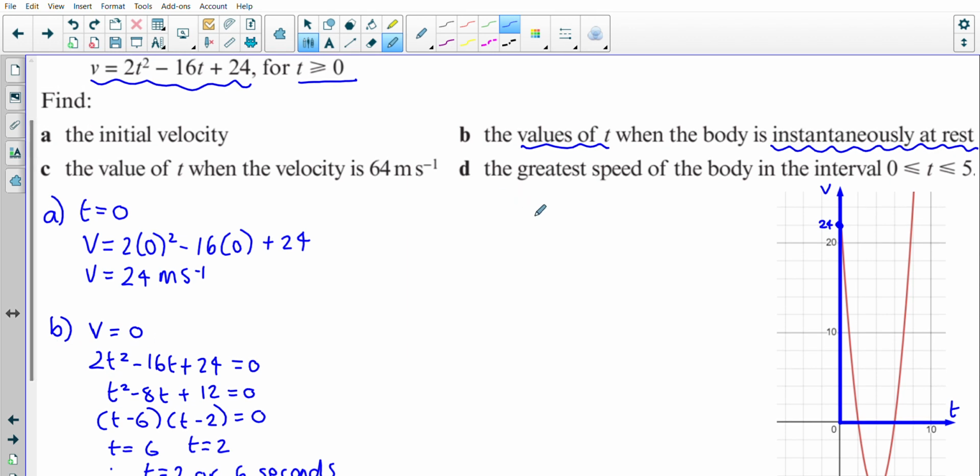Right, part C, the value of t when the velocity is 64 meters per second. So all I'm doing is another substitution when the velocity is 64, so putting that into the equation above. Rearranging and solving.